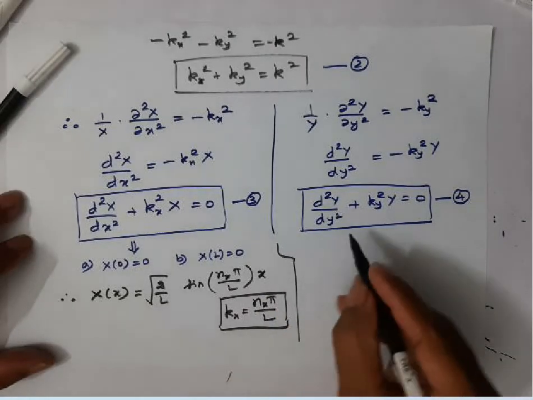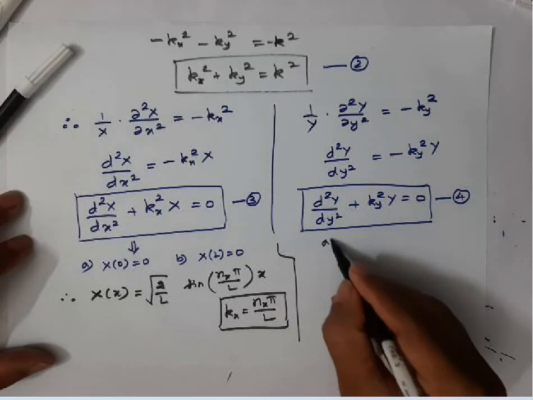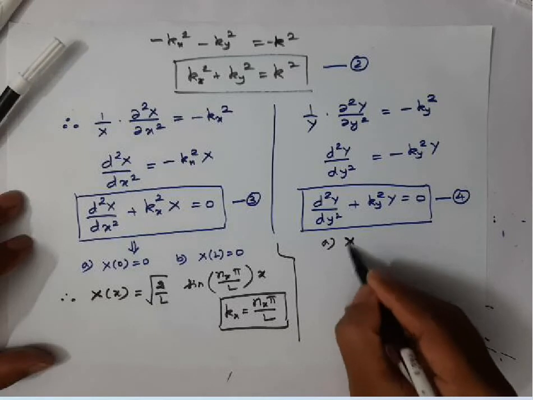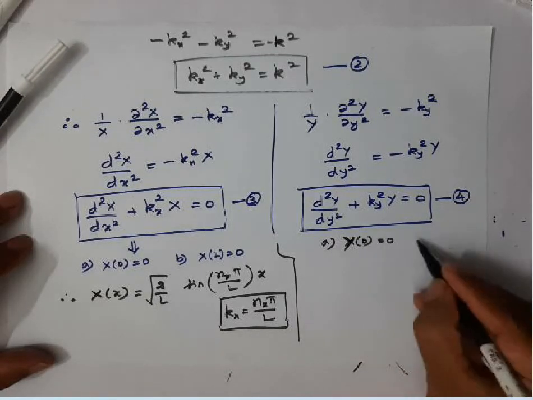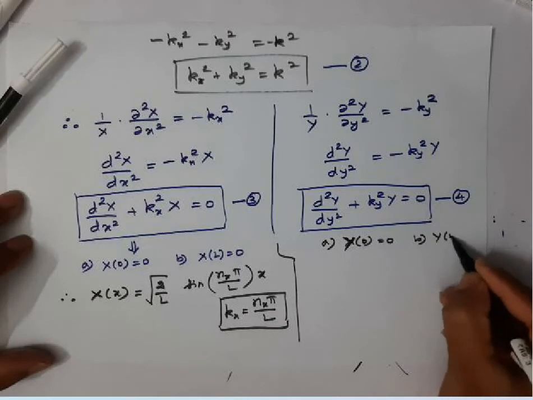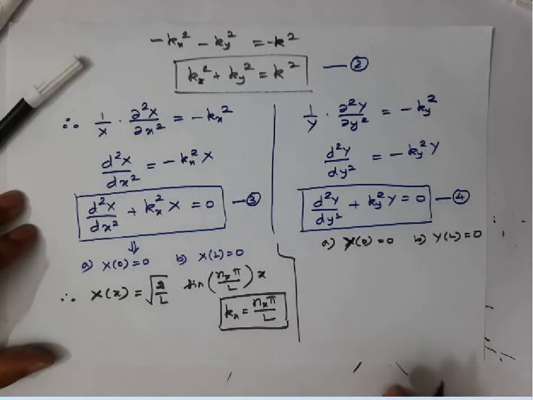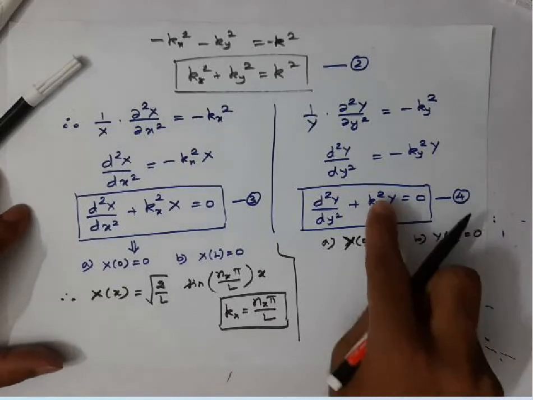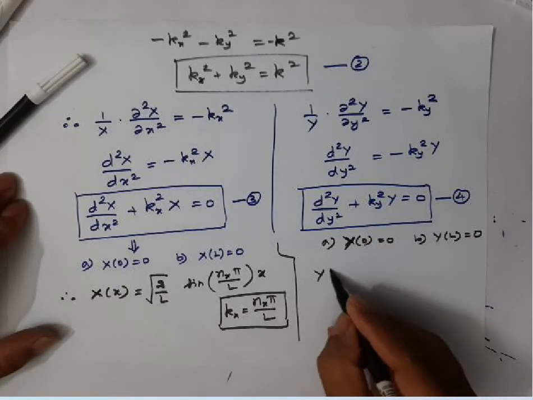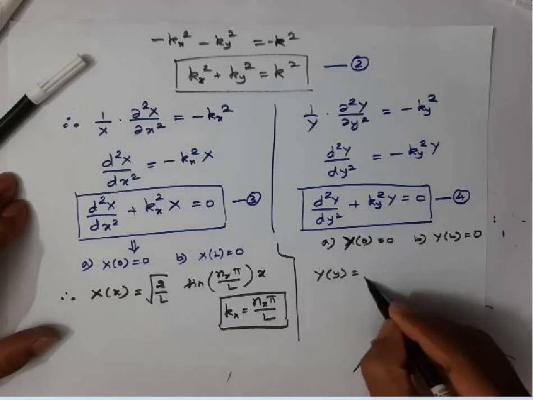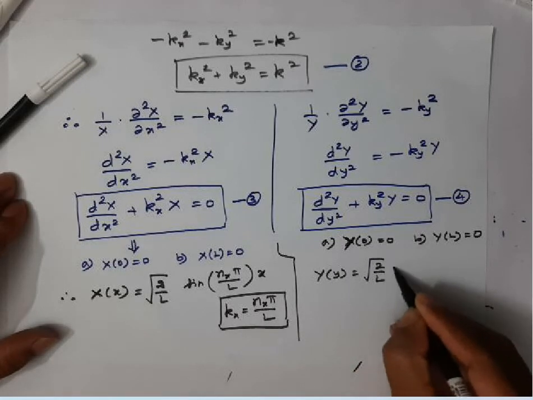Similarly, here if you apply the boundary condition, when y equals 0 the wave function becomes 0, and when y equals L the wave function again becomes 0. Using these two boundary conditions, we can solve the differential equation and get the normalized wave function for y as square root of 2 by L into sine of ny pi by L into y.